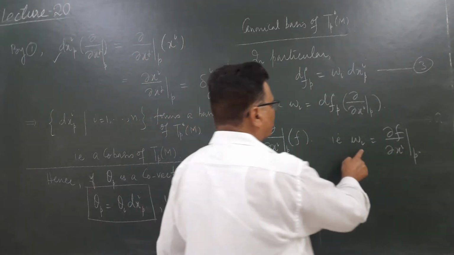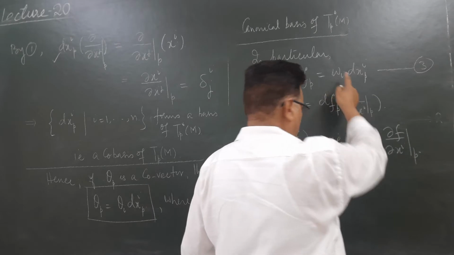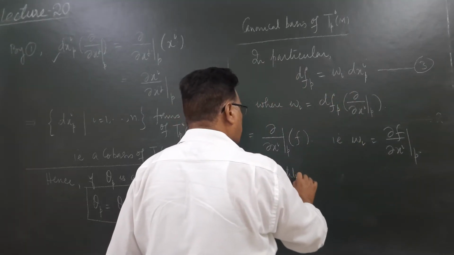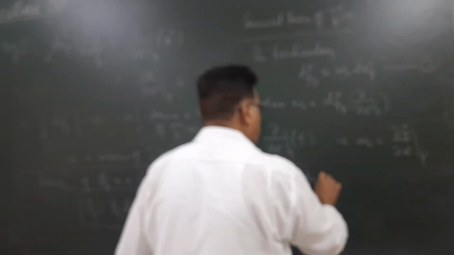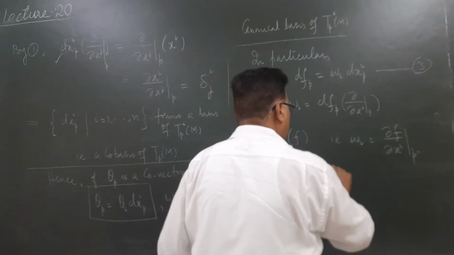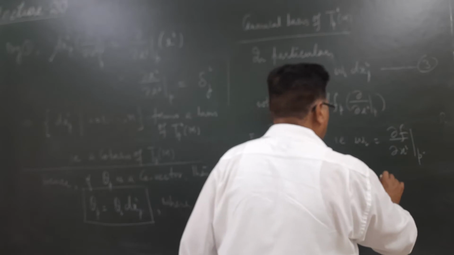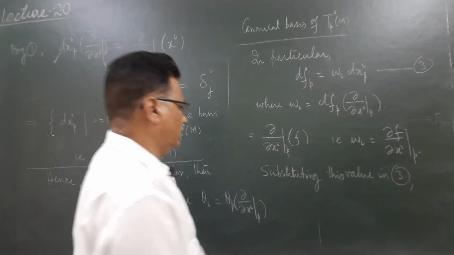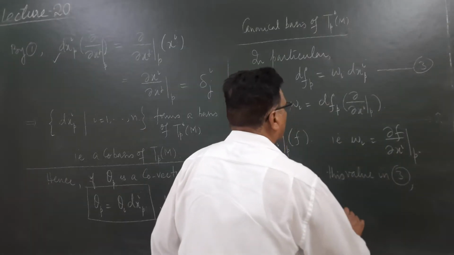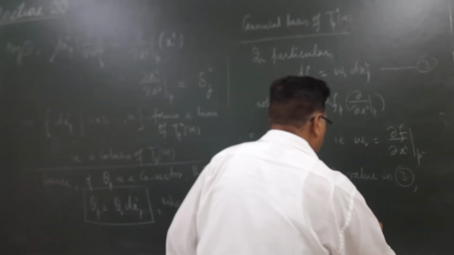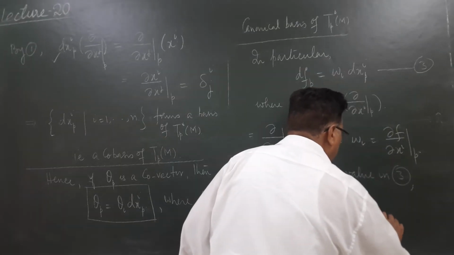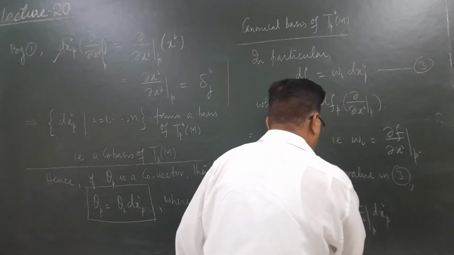Now substitute this value of omega i over here. Substituting this value in 3, see what do you get? You get dfp equal to, in place of omega i, del f upon del xi at p into dxi at p.